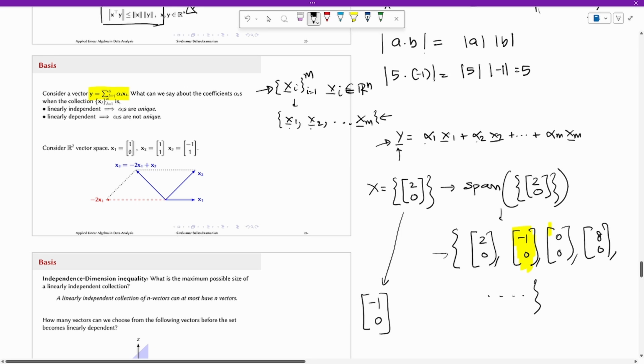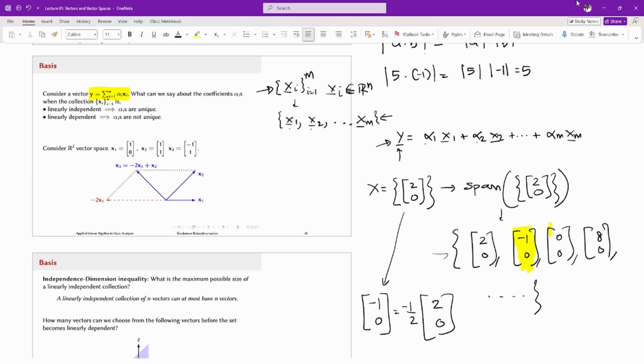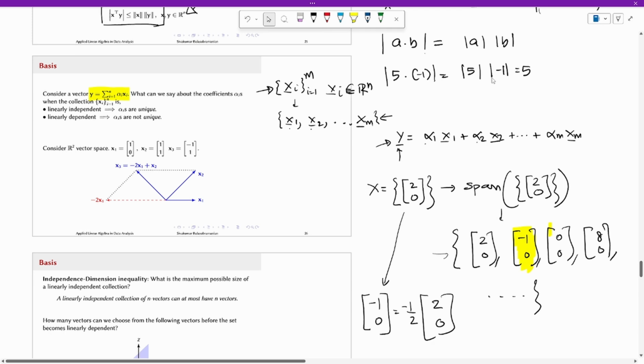Well, one possible way is you multiply your original vector by minus half, so this will be equal to minus half times 2, 0, and that will produce this. This is one way to produce it.